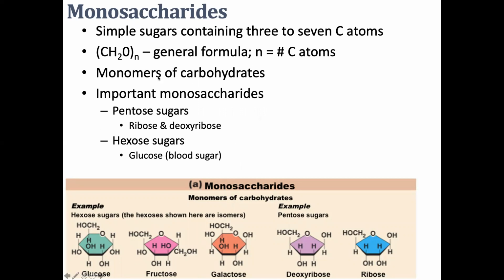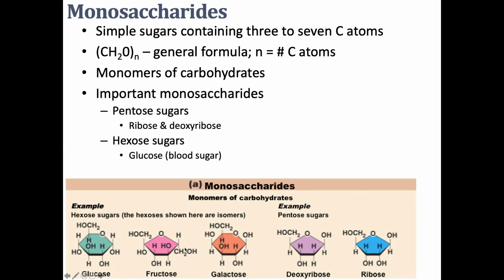These are the monomer units of carbohydrates. Important monosaccharides in the body include ribose and deoxyribose. You can see those down here, okay? Those are part of the backbone of DNA and RNA, okay? And then hexose sugars like glucose and fructose and galactose, okay?